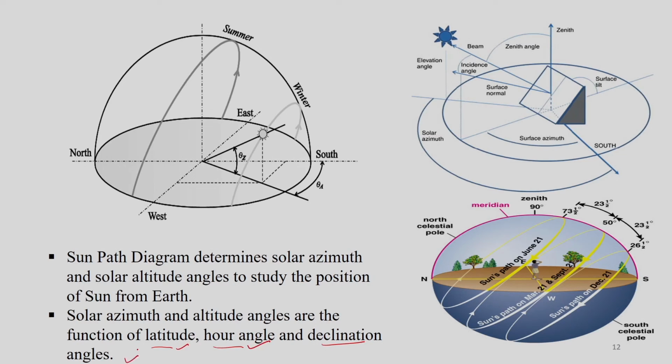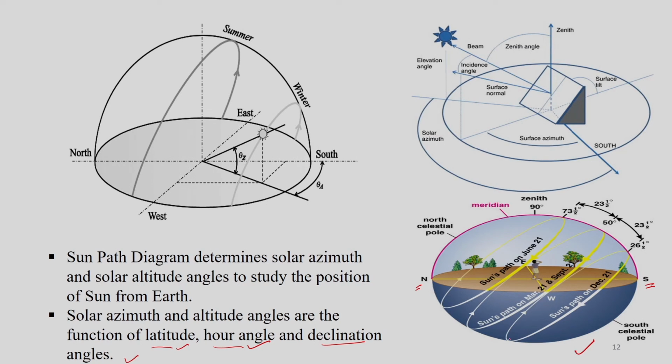So, these are all familiar to you now, what is latitude, what is hour angle, what is declination angle, right. So, if you see this figure very minutely, what you can understand. So, this is the north, this is south, this is east and west. So, sun will always move from east to west. Okay. So, there are 3 lines.